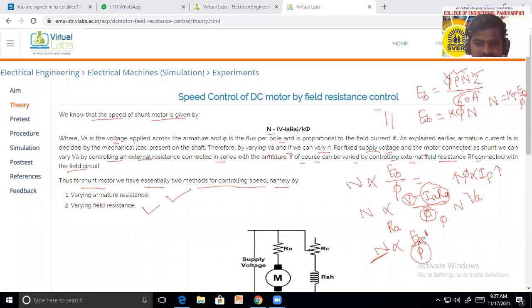And the second situation: if Eb is kept constant, that is, supply voltage is constant and armature current is constant, and we are varying the current flowing through the field. So if we control the field current, the flux varies, and due to flux varying, the speed varies.